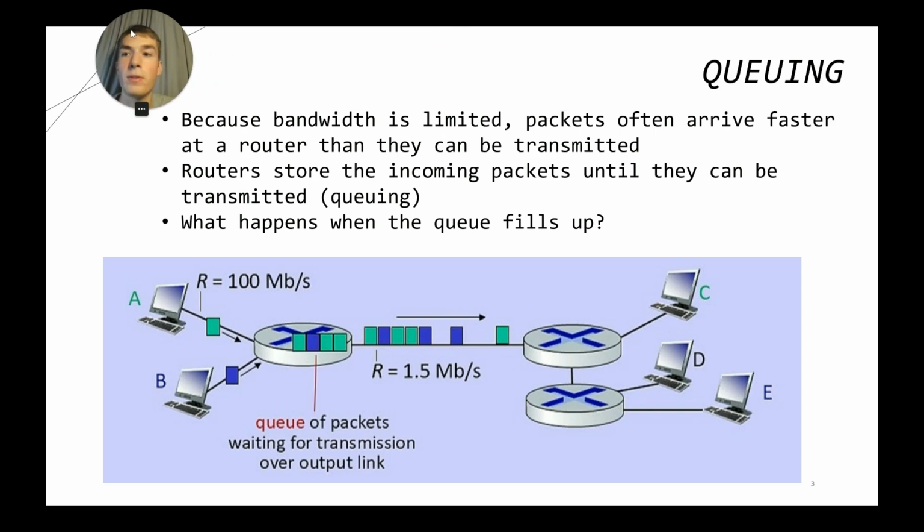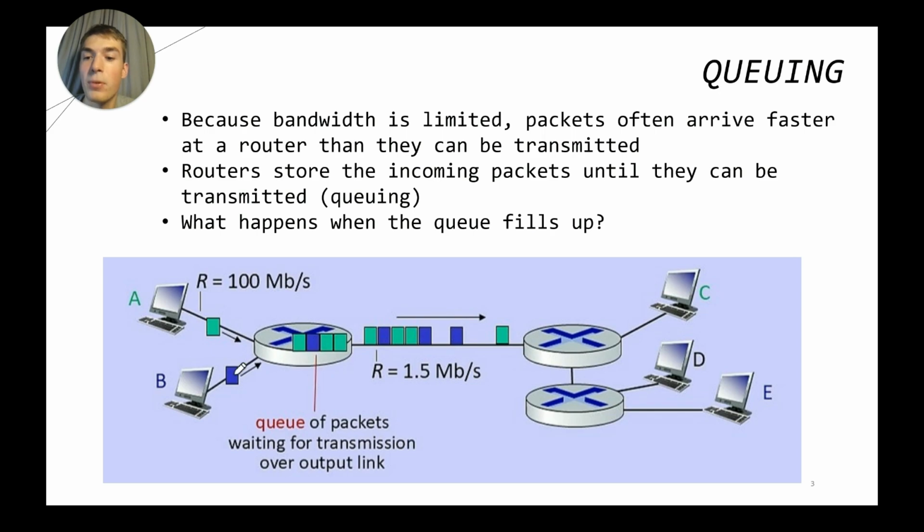Now, because bandwidth is limited, and because a lot of people are using the internet, we often end up with a situation where packets arrive faster at a router than they can be transmitted out to the next router. You remember packet switching is just bouncing packets through routers until they reach their destination. So in our example here, you'll see that this link has a bandwidth of 100 megabits per second.